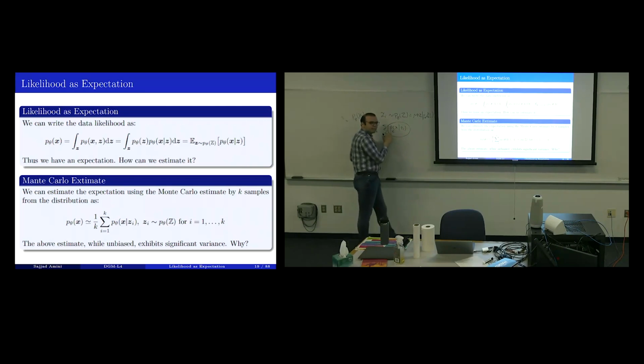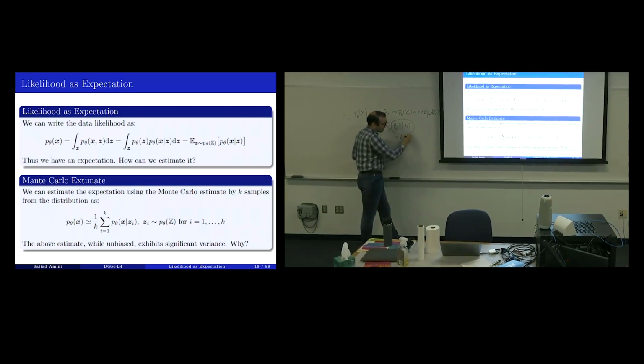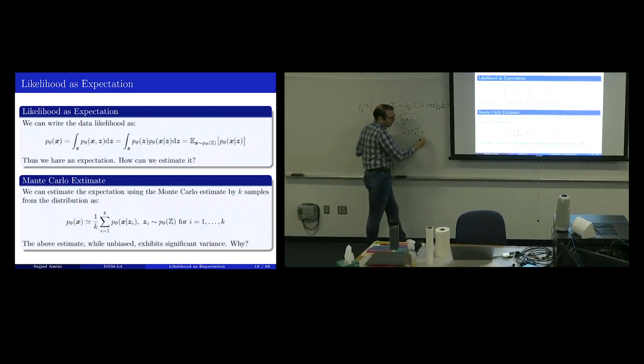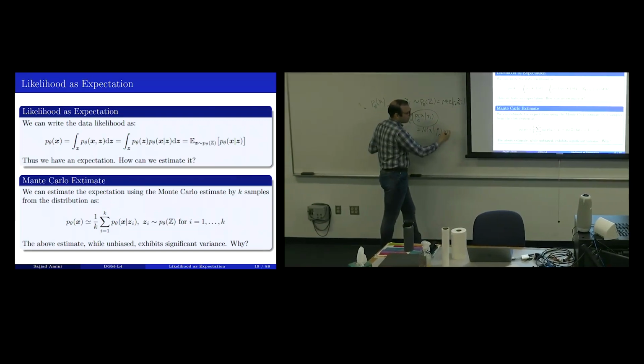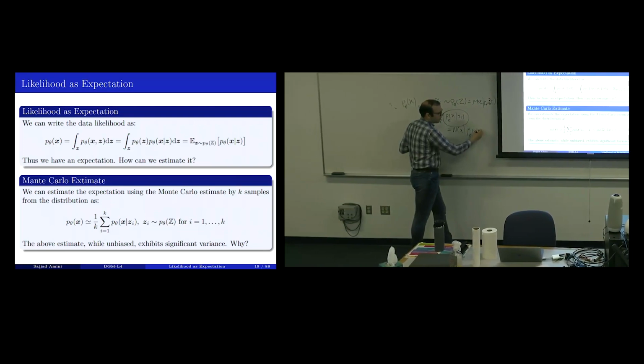Can you calculate this number easily? Yes, because I have z_i, I know that this distribution is normal over x with the mean mu theta of z_i, and covariance matrix, I call it sigma theta of z_i.